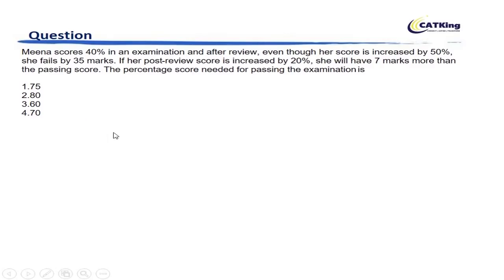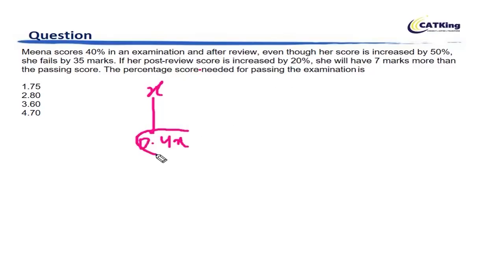Let's move on. Meena scores 40% in an examination, and after review, even though her score is increased by 50%, she fails by 35. So let's say the total marks is x. Meena scores 0.4x. So she has failed. Now the score is increased by 50% after review.